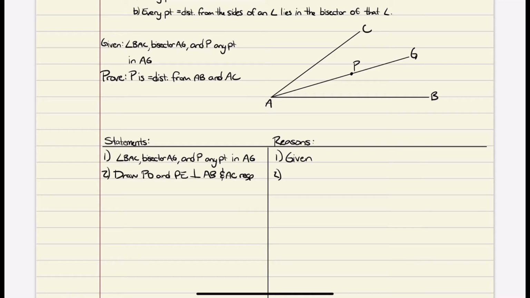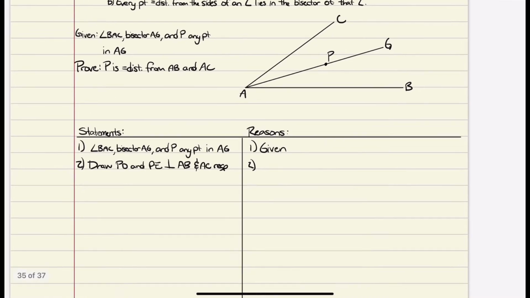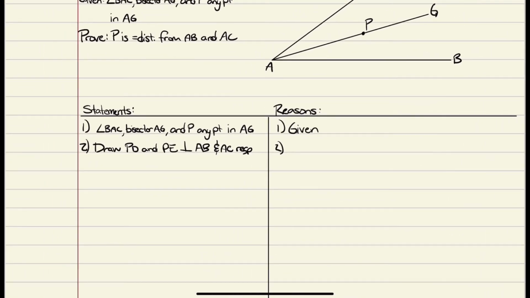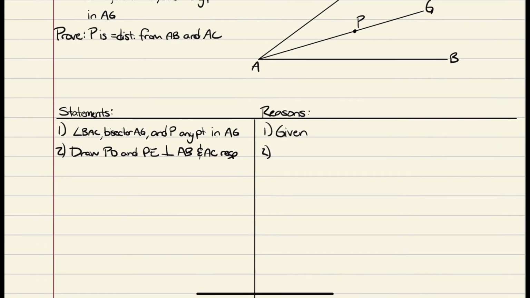The reason we can draw PD and PE perpendicular to those lines is that one and only one perpendicular can be drawn to a line from a point outside the line.